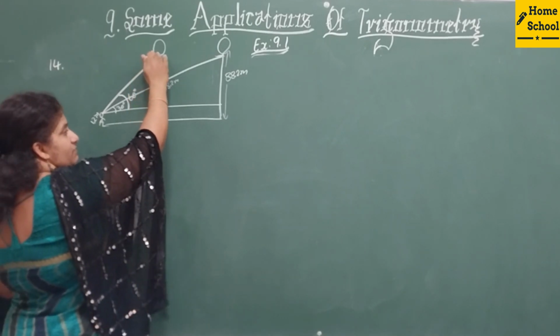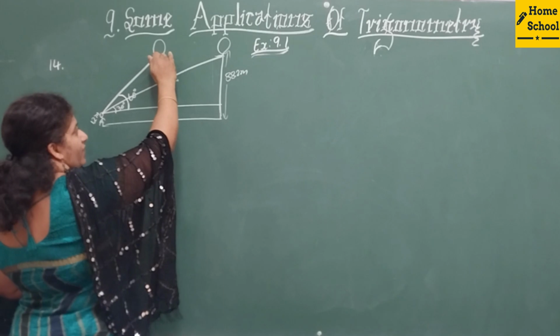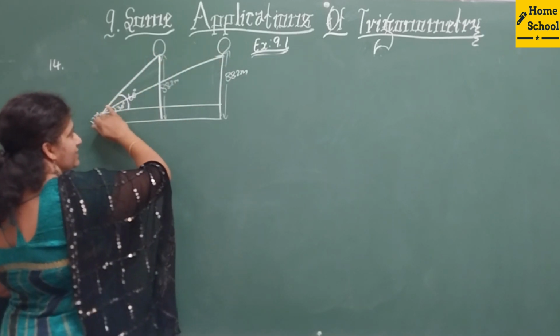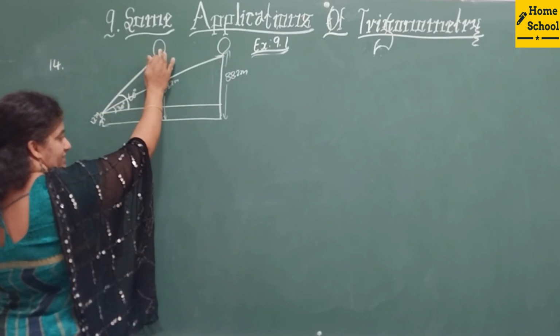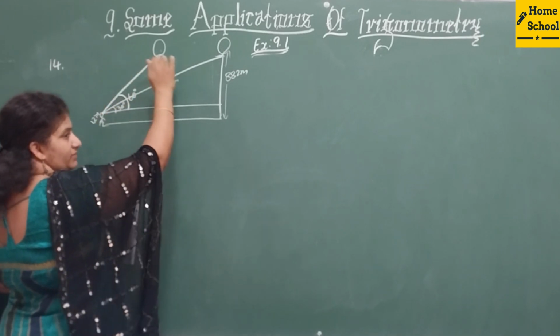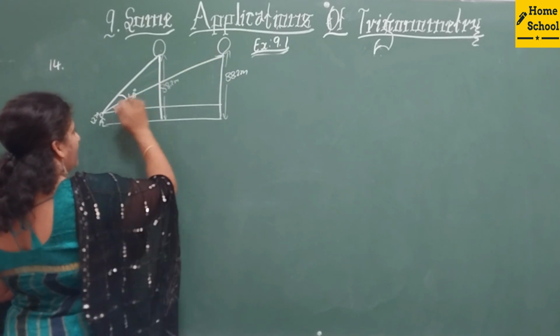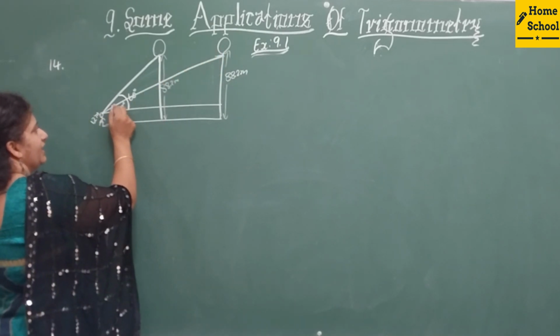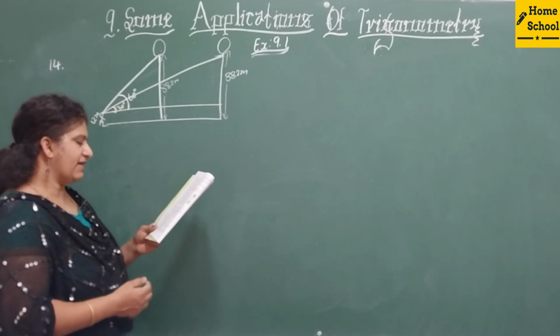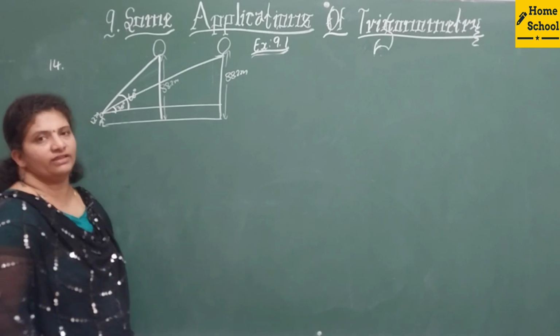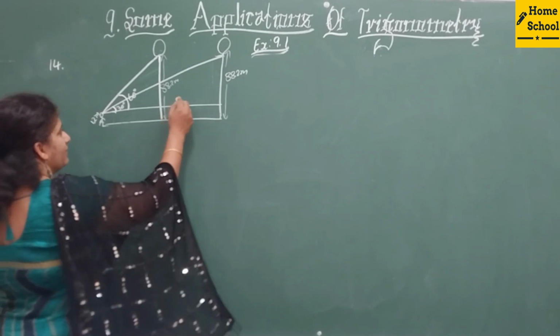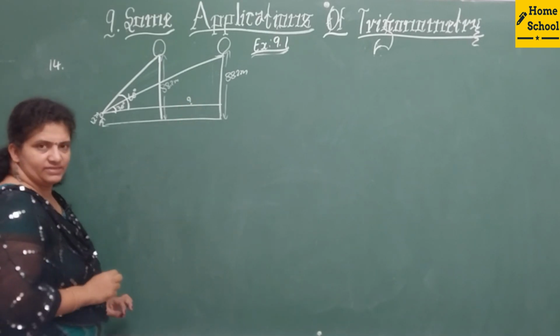The balloon is moving in a horizontal line from here to here. First when she sees, the angle of elevation is 60 degree. After some time it is moving in a horizontal line, and when she spots the balloon here, the angle of elevation is 30 degree. Find the distance travelled by the balloon during the interval. That means this distance they have asked.